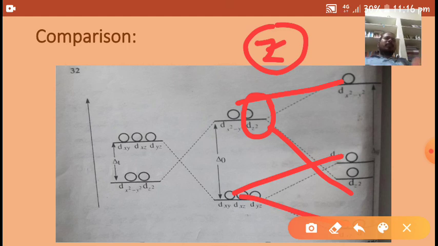Crystal field theory explains crystal field stabilization energies and magnetic properties of complexes, and high spin and low spin complexes. All these things we will discuss in the next video lecture.